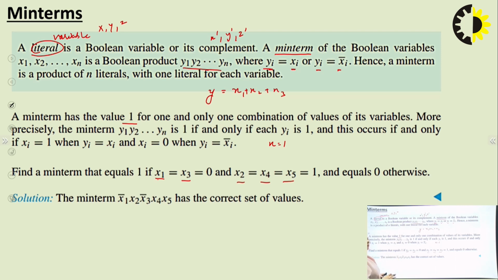So what are the min terms here? That is equal to 1. x1 bar, because x1 is 0, so its bar will be 1. So x1 bar, x2, x3 bar, x4 and x5 are the min terms for the variable x.